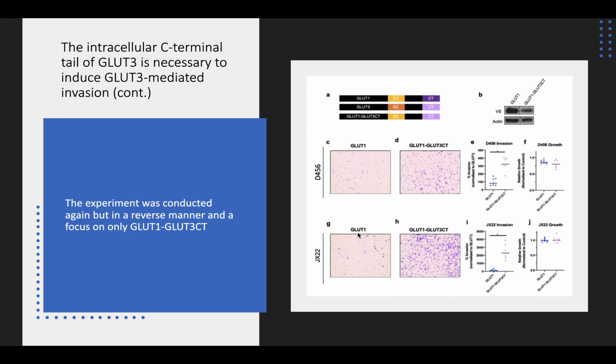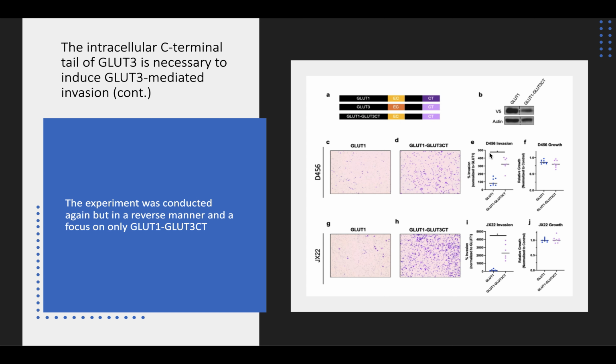In 4G, we see GLUT1 as it relates to JX22, and GLUT1 GLUT3 CT as it relates to JX22 in figure 4H. Now we see that C and D are similar to G and H in the increased nature by visualization.